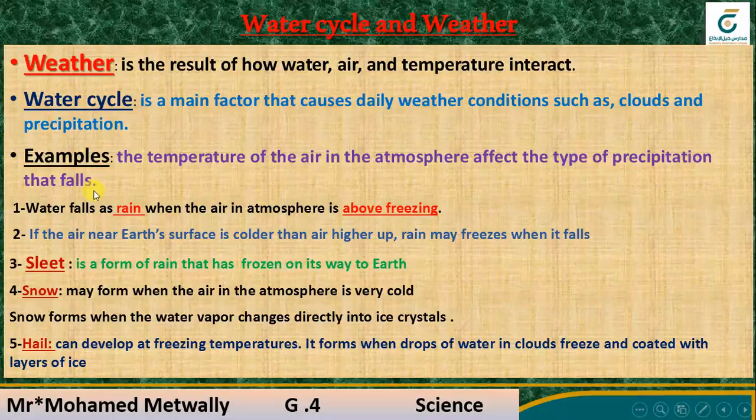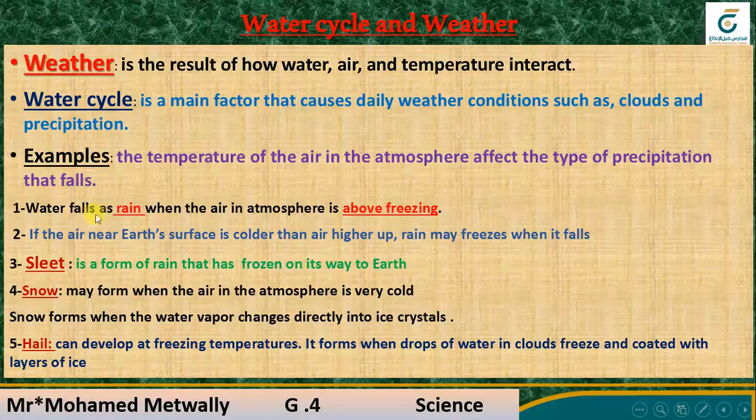So, for example, the temperature of the air in the atmosphere affects the type of precipitation that falls. Like I said, if there is dry weather, there will not be more water in the atmosphere, so that affects the type of precipitation.